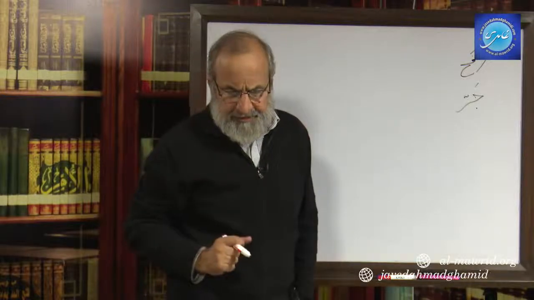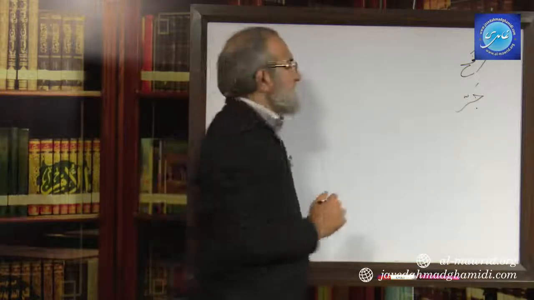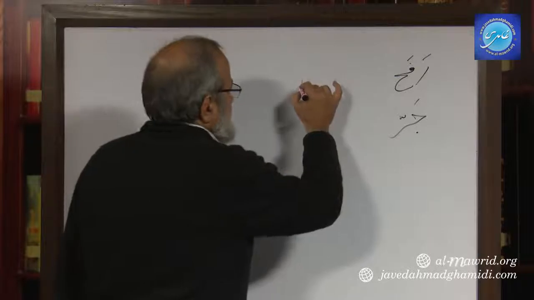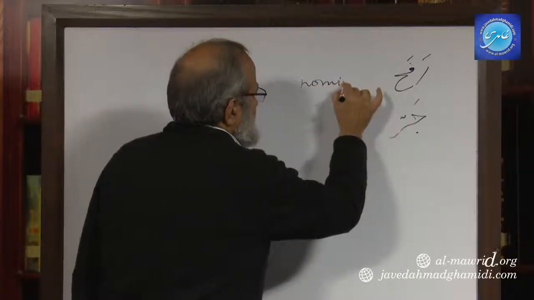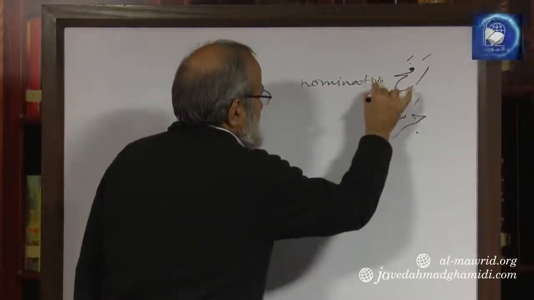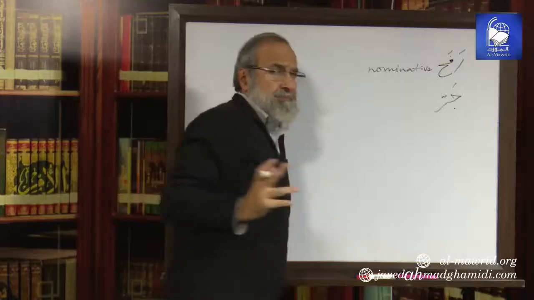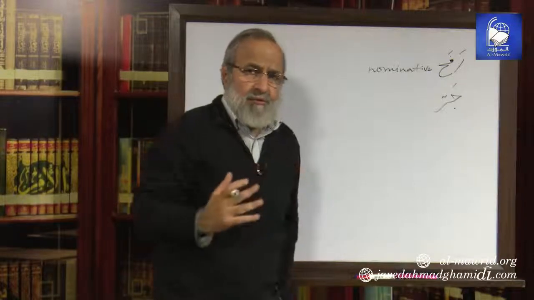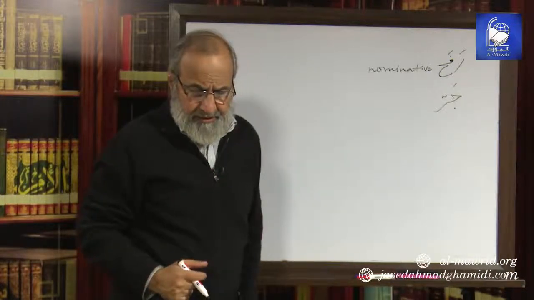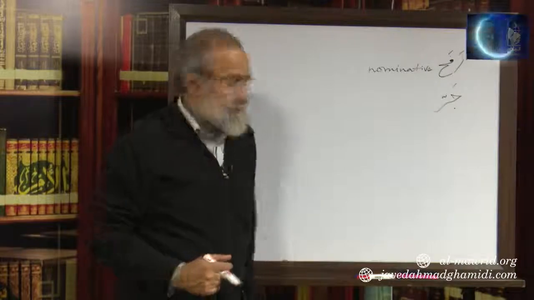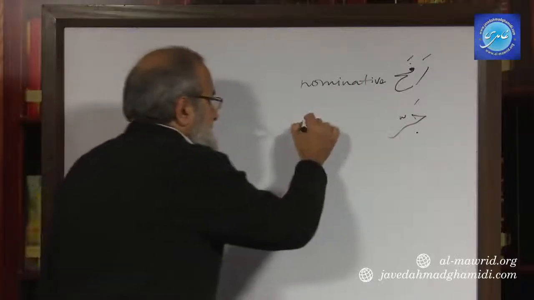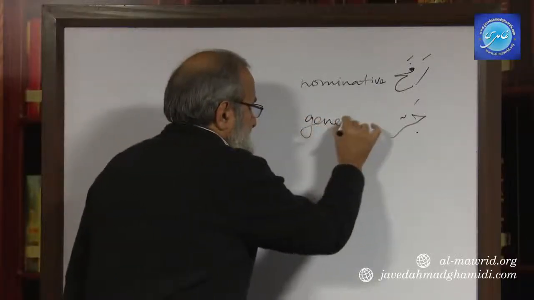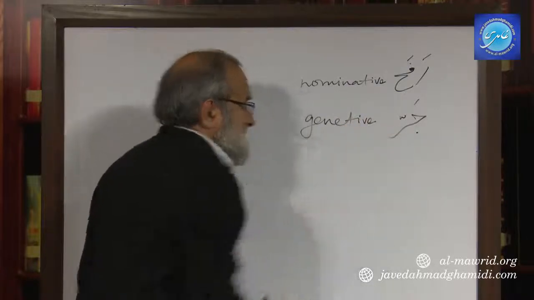Rafa, the nominative case, is what we studied, and I mentioned that there are four reasons primarily why a noun would take the form of rafa. In the case of jar, the genitive case, it's primarily two reasons.